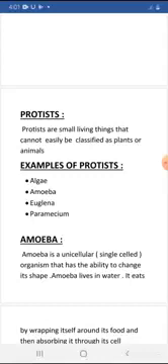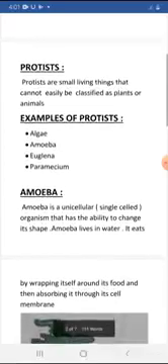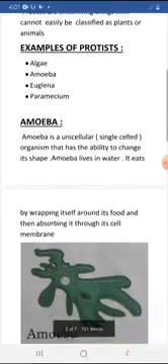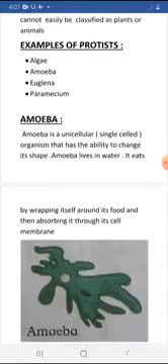Examples of protists are algae, amoeba, Euglena, and Paramecium. In your book on page number 3, the first one is the amoeba. Amoeba is unicellular. Unicellular means single-celled, made up of a single cell.